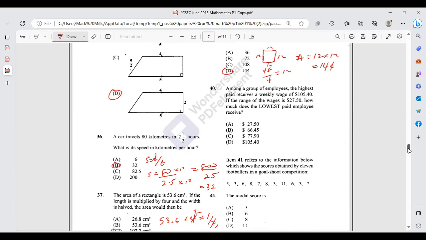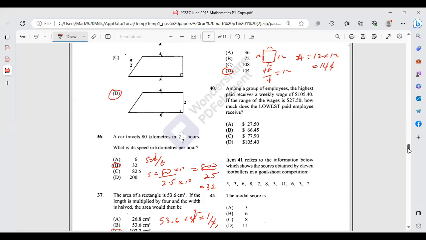40. Among a group of employees, the highest paid receives the weekly wage of 105. If the range of the wages is 2750, what is the lowest paid received?